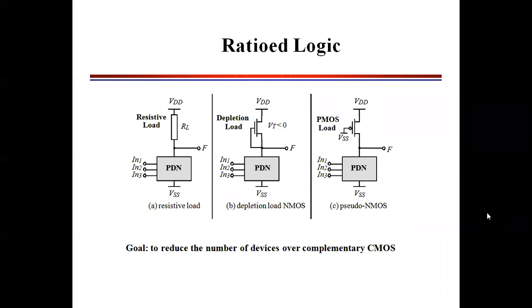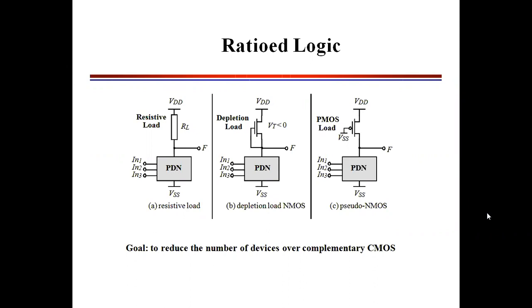Because the PMOS always consumes more power, and that's why we have replaced the pull-up network based on PMOS. As compared to NMOS, PMOS always consumes more power.